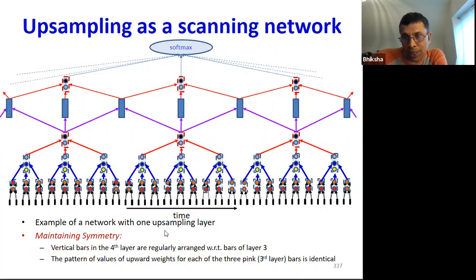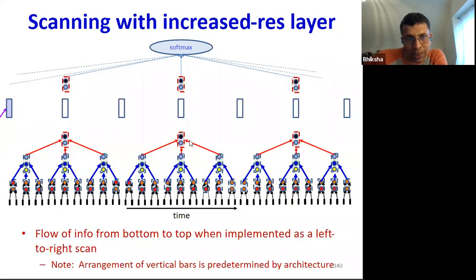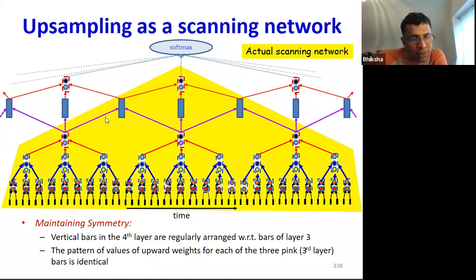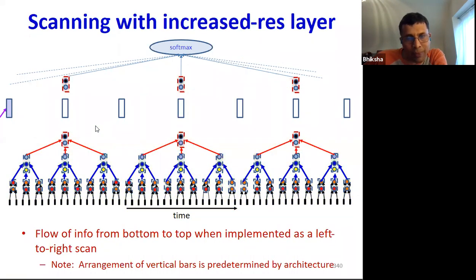The entire computation can still be viewed as scanning the input with a shared parameter MLP. So in this case, this would be the shared parameter MLP. Here you can see that this layer is upsampled with respect to the pink layer, but then the computation has changed slightly. Now, in the lower layers, typically what happened was that these guys would read from the lower layers, right?